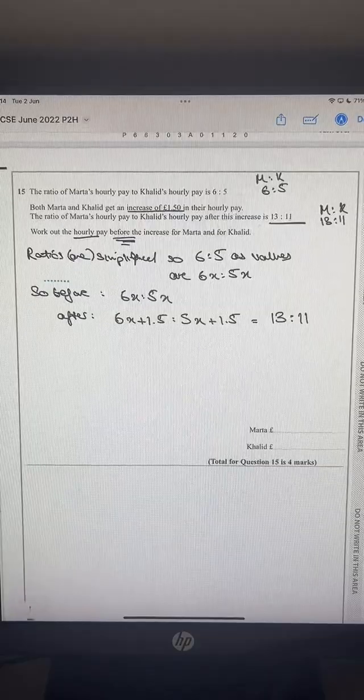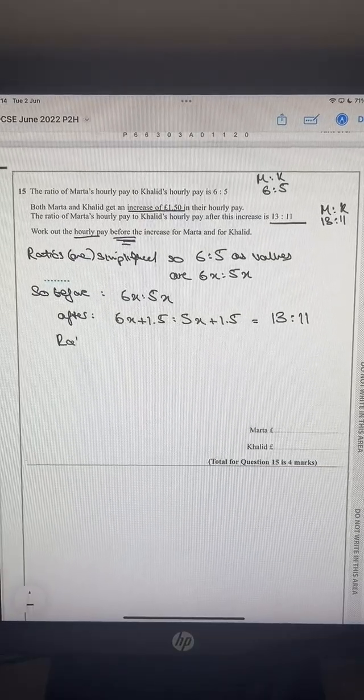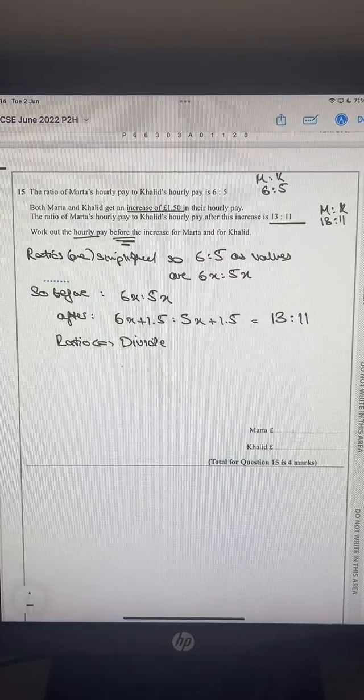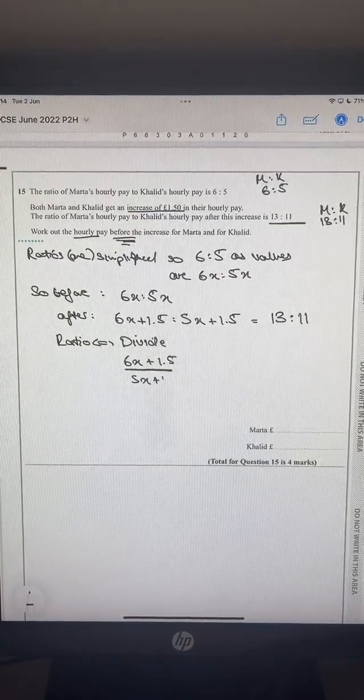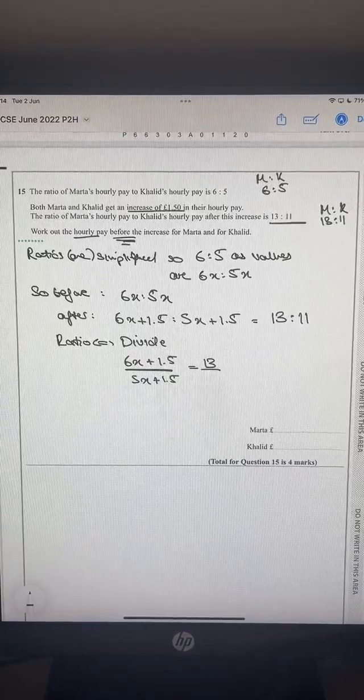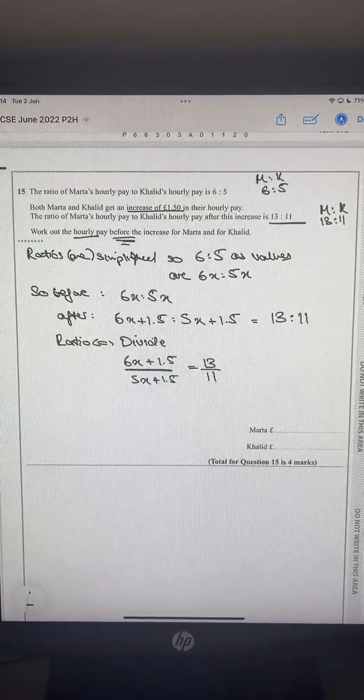So all I have to do is remember that ratio means divide. Ratio means divide. So 6x plus 1.5 to 5x plus 1.5 is basically the same as saying this over 5x plus 1.5, and then that. That's all it is because ratios are division.